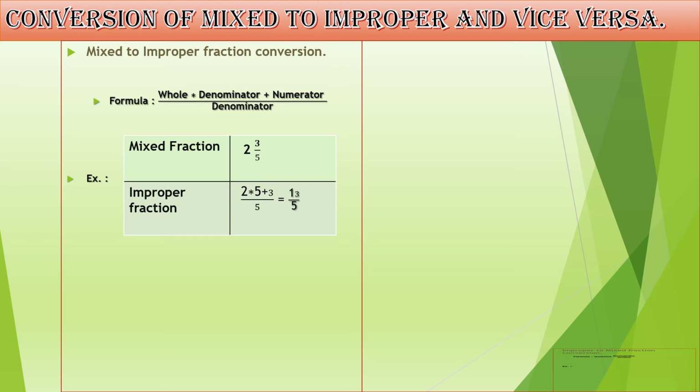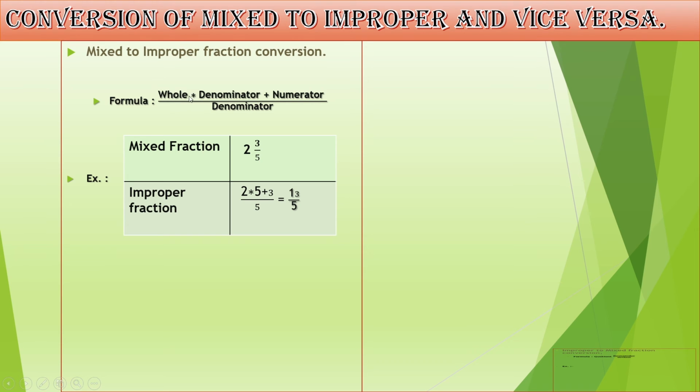See, look at this, students. This is a mixed fraction which is given to us. 2 whole 3 by 5, right? Now, if we have to convert this mixed fraction to an improper fraction, what we will do is multiply 5 into 2, that is denominator into the whole.